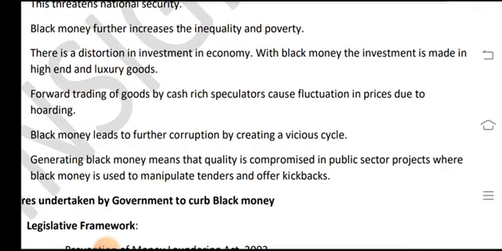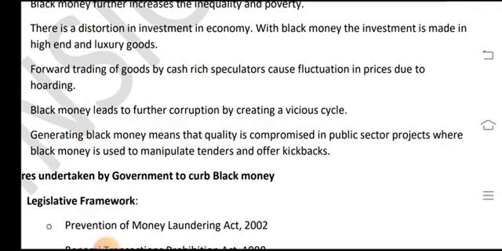Black money leads to further corruption by creating other vicious circles of generating black money. It also means that quality is compromised in public sector projects, where black money is used to manipulate the lenders and offer big kickbacks.